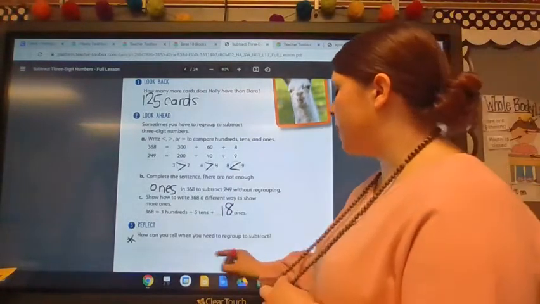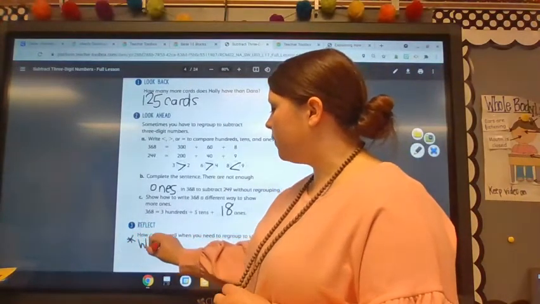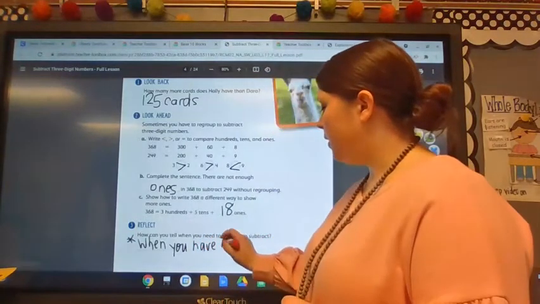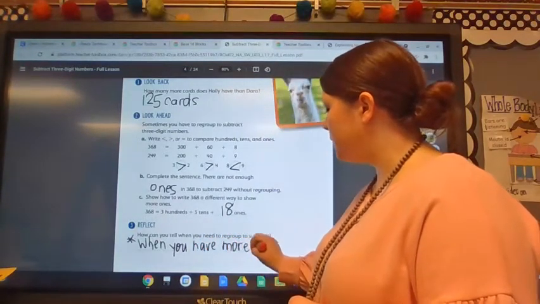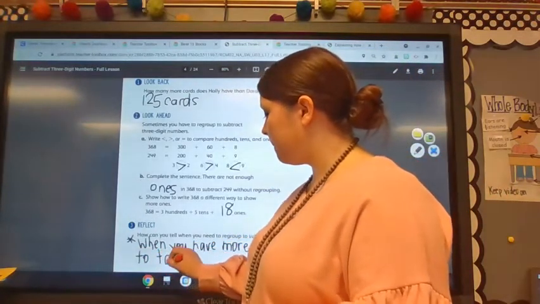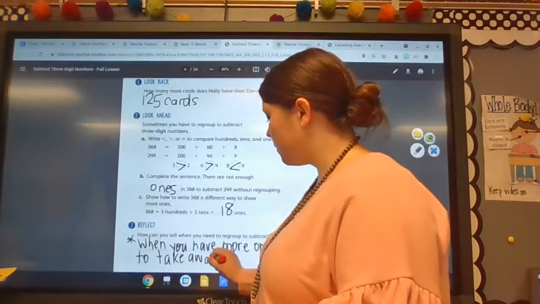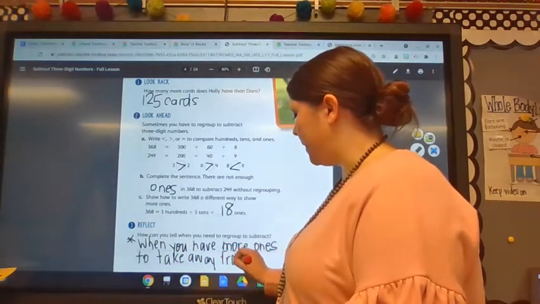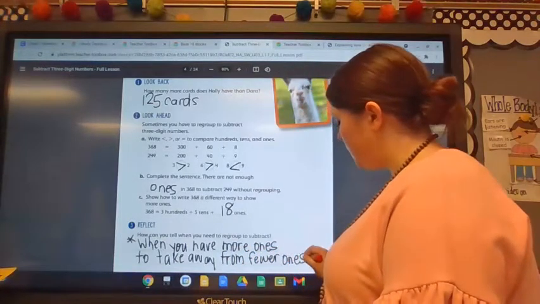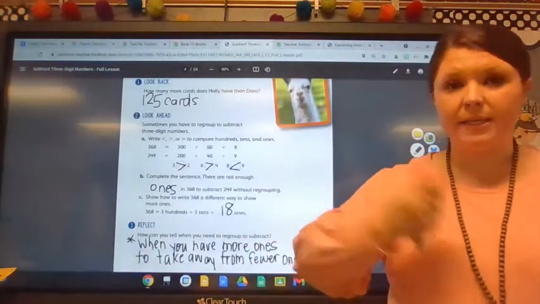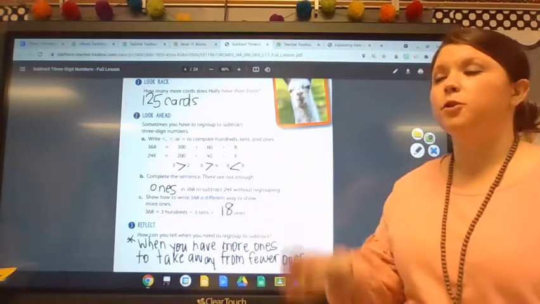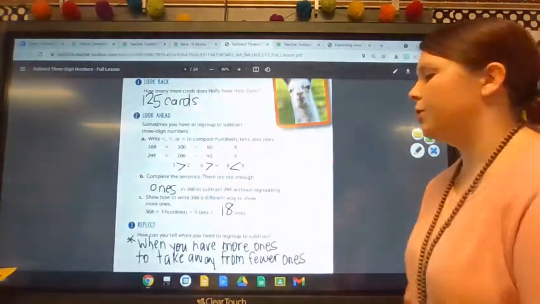All right, so you need to regroup to subtract when you have more ones to take away from fewer ones. Okay? So when we have more ones that we need to take away from fewer ones, we'll have to regroup our tens to solve.